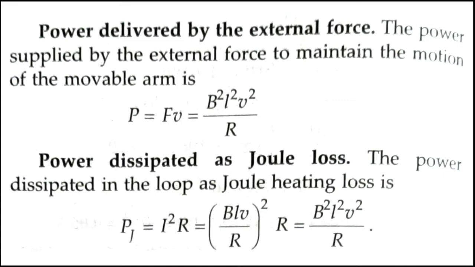So by this we prove that Lenz's law is in accordance with the law of conservation of energy. Whatever power is delivered by the external force in moving the conductor is dissipated as heat in the conductor.